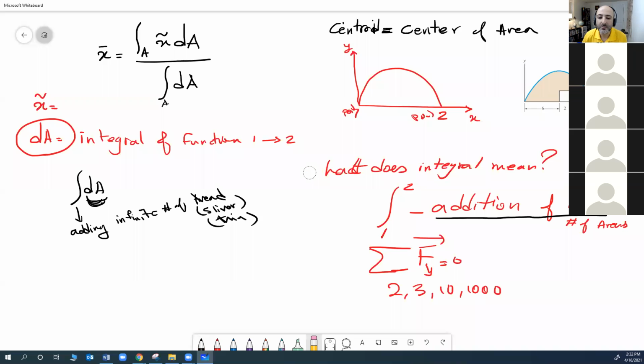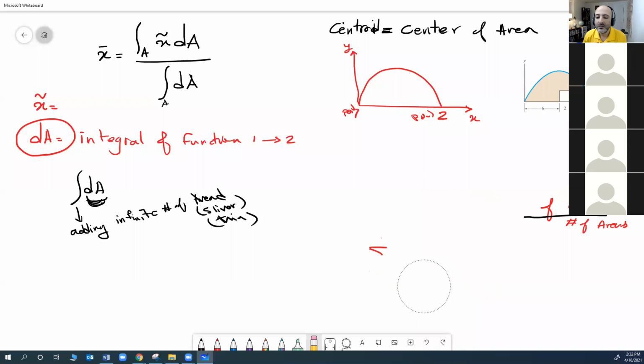Integration is an approximation, right? We say, hey, I can divide this curve into little rectangles, and if I add all of those little rectangles together, how many doesn't matter, I can get the area.